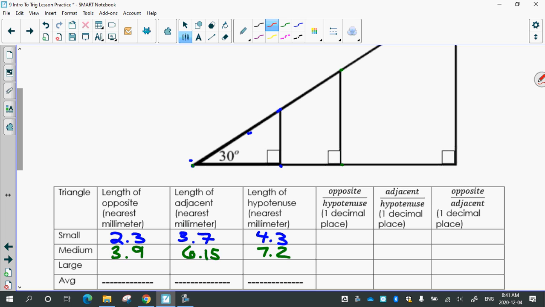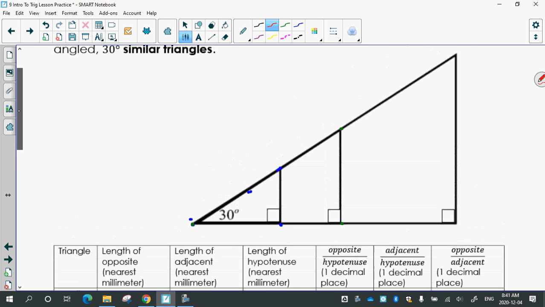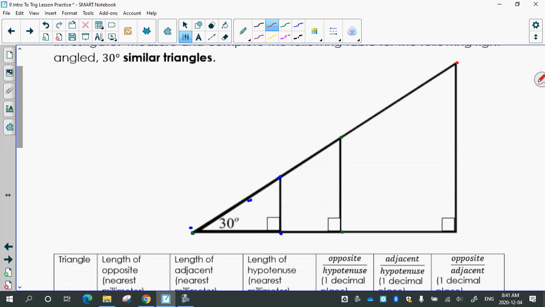Okay, now we're going to do the big triangle. The opposite is from here to here, the adjacent is from here to here, and the hypotenuse is from here up to here.